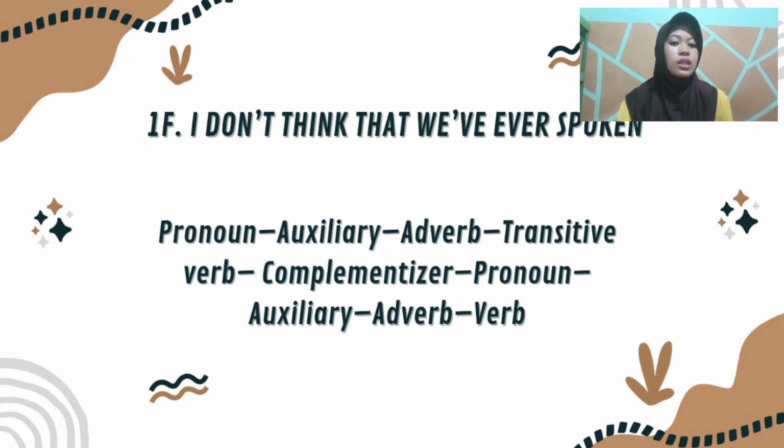The categories are as follows: I, pronoun; do, auxiliary verb; not, adverb, especially in negation; think, transitive verb; that, complementizer; we, pronoun; have, auxiliary; ever, adverb; spoken, verb, or past participle verb.